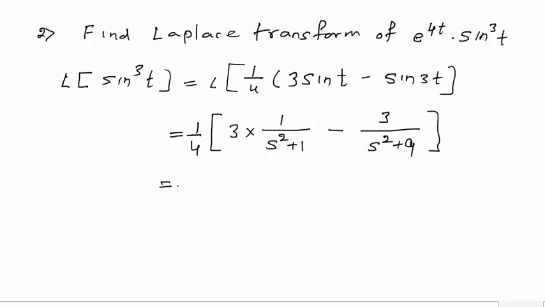So that 3 we can take out and we have 3 divided by 4 into 1 upon s square plus 1 minus 1 upon s square plus 9.